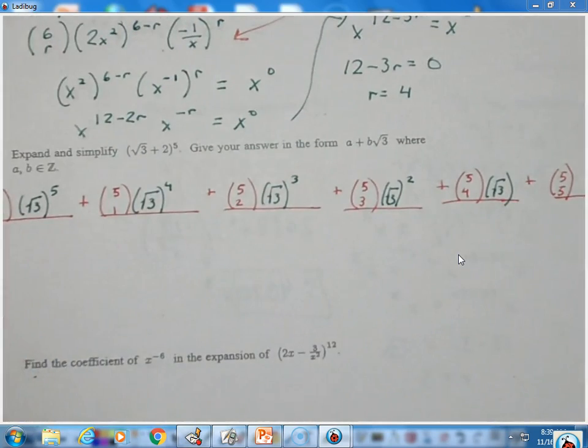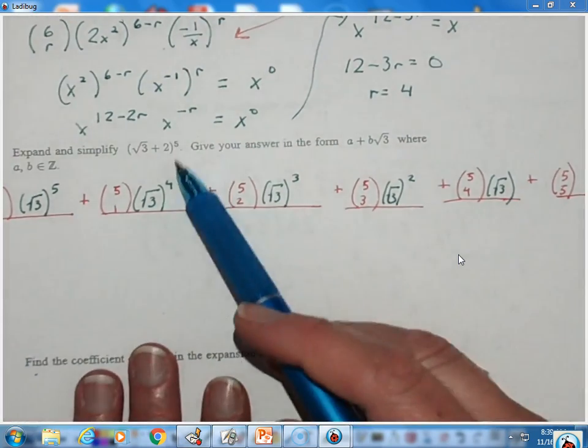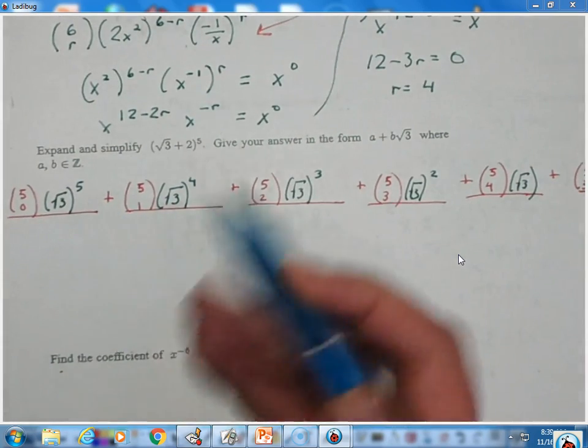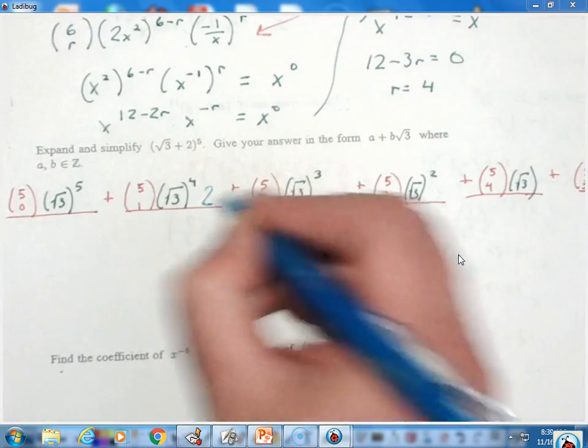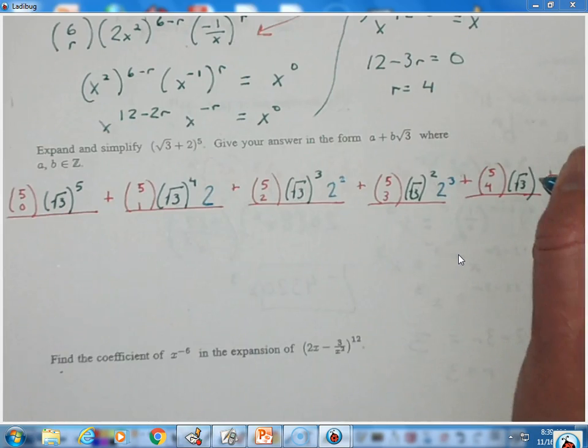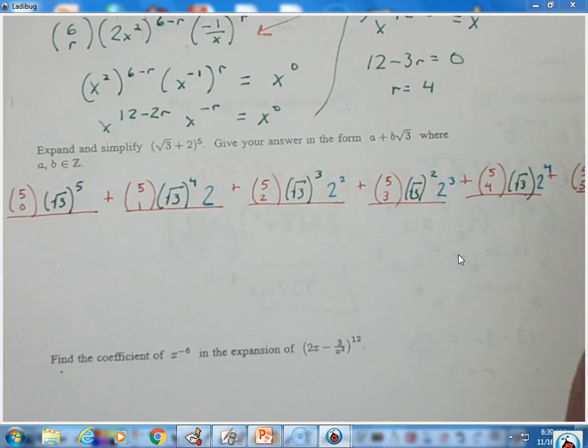Okay. Then I'm going to start with 2, and it would be raised to the 0, which is just 1, which I'm not going to write. And then 2 to the 1, 2 to the 2nd, 2 to the 3rd, 2 to the 4th, and 2 to the 5th.